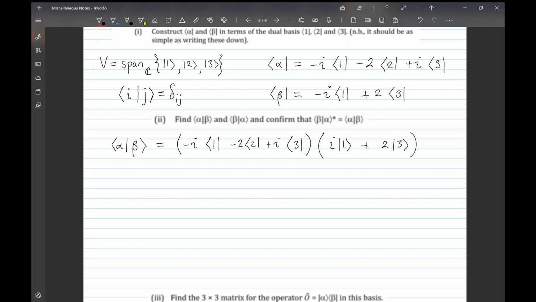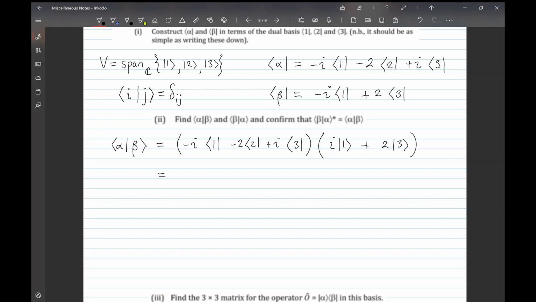Okay, so we notice because these vectors and dual vectors are orthonormal, it suffices to only compute the corresponding pairs. By that I mean the only time we're going to get non-zero terms in this is when 1 acts on 1 and when 3 acts on 3.